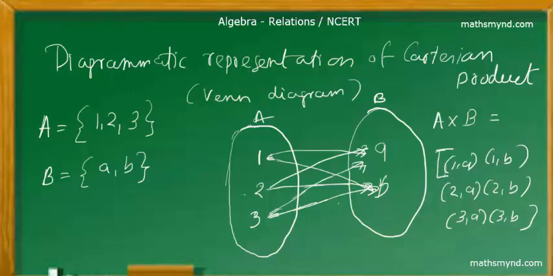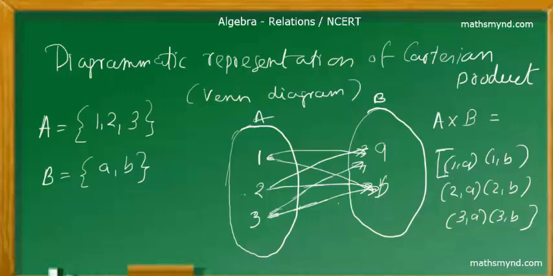Please note the direction of the arrow. That arrow starts from the element which is doing the pairing, and the arrow ends at the point which is being paired.